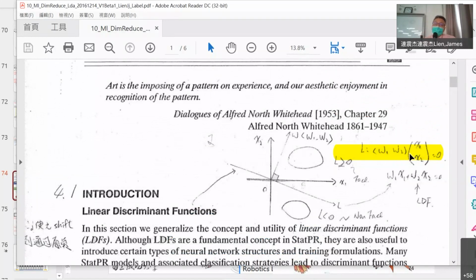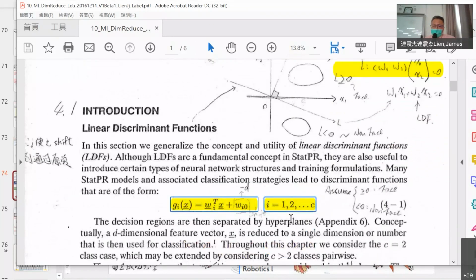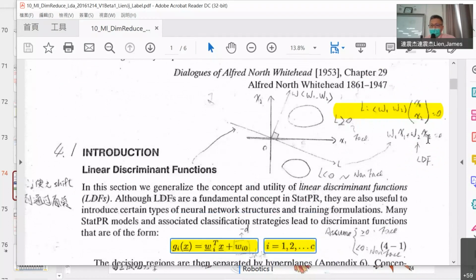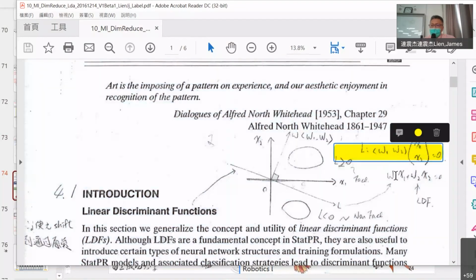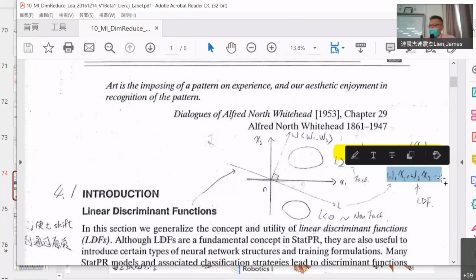When you write code, you cannot write this way. You should write this way.